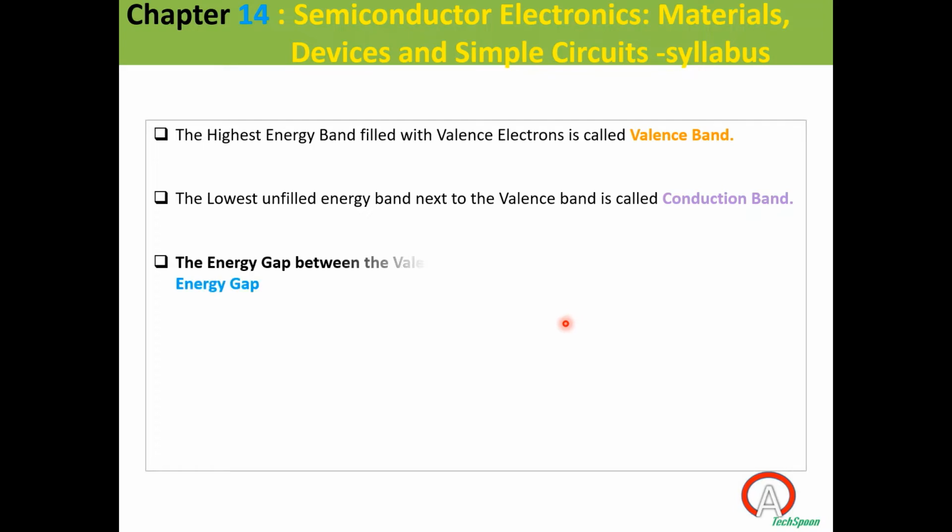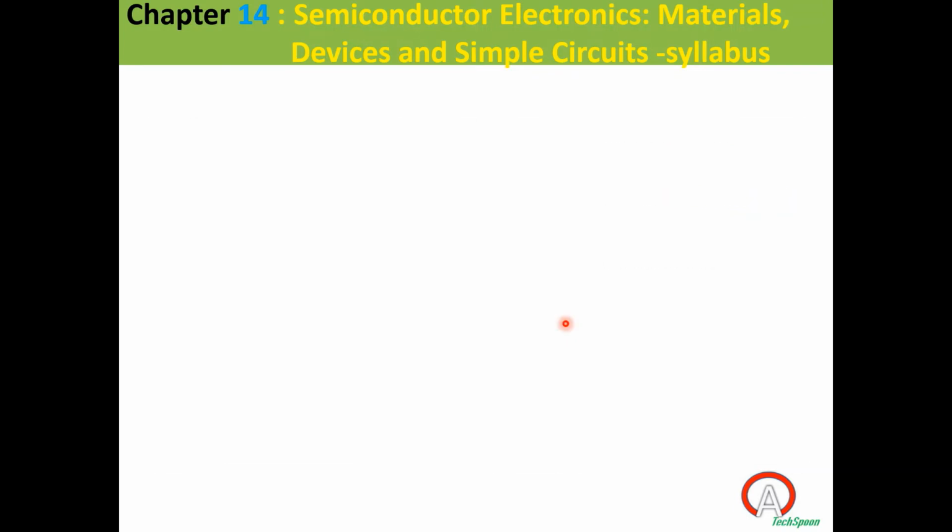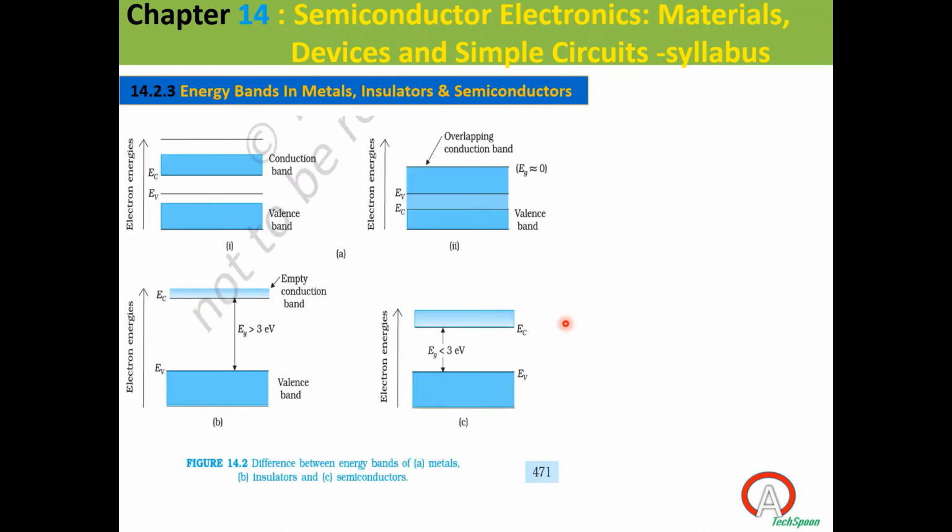You should understand what the valence band and conduction band are, because throughout this section we will be dealing with them. And the energy gap between these two we call the forbidden energy gap.